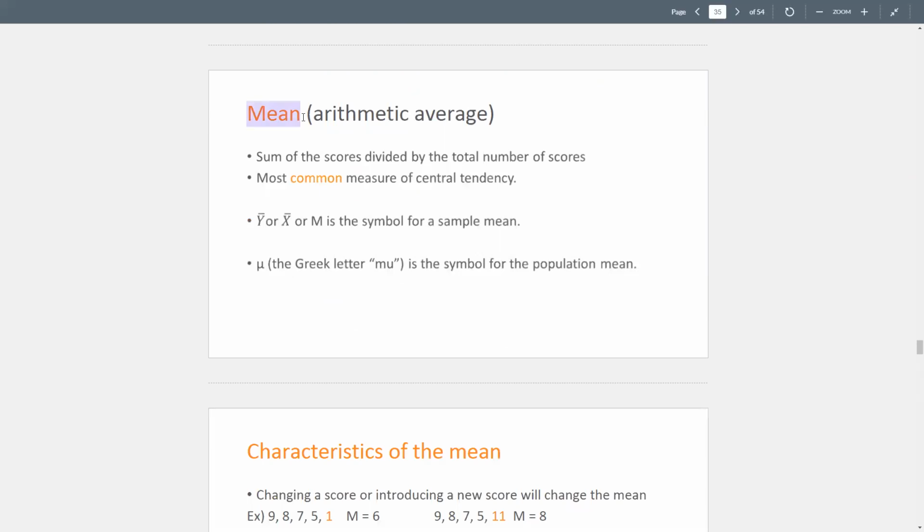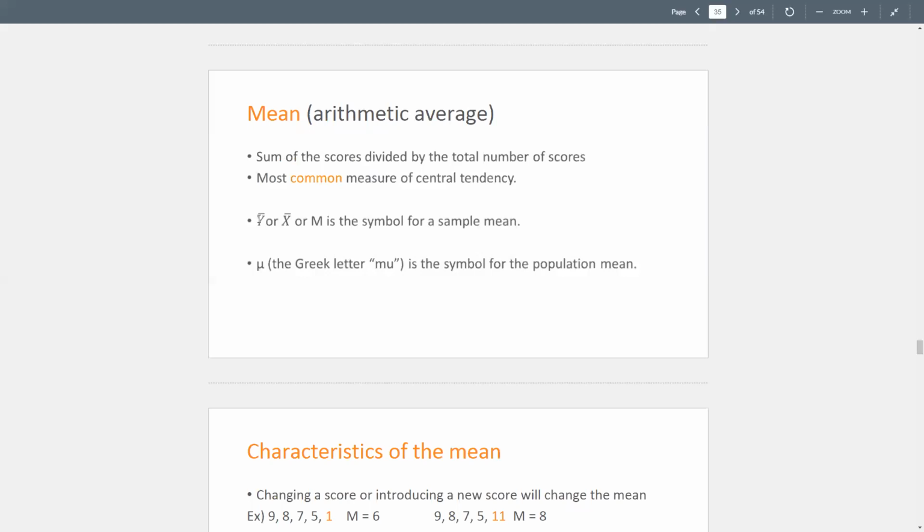When statisticians use the word mean, they're just talking about the arithmetic average. We add up all the values and divide by the total number. That's all it is. We call it the mean. It's the most common measure of central tendency, and you see it reported a lot.